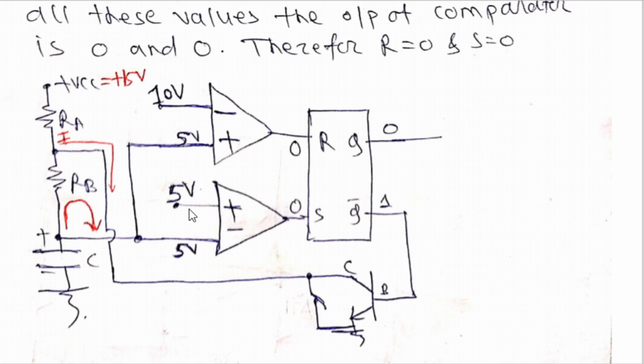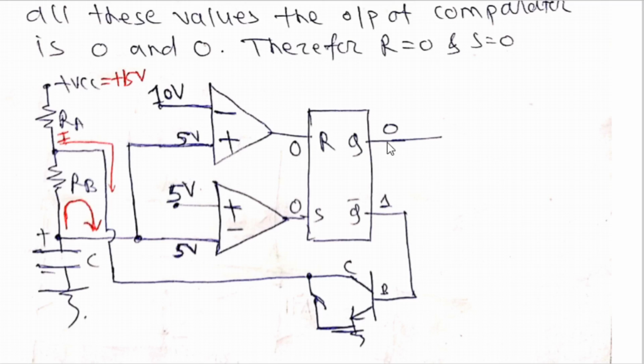But when the capacitor discharges just below 1/3 of VCC, that is 4.99 volt, see, till 5 volt the discharging action of the capacitor is continued. Means till 1/3 of VCC, the discharging action of the capacitor is continued because the transistor is a closed switch.